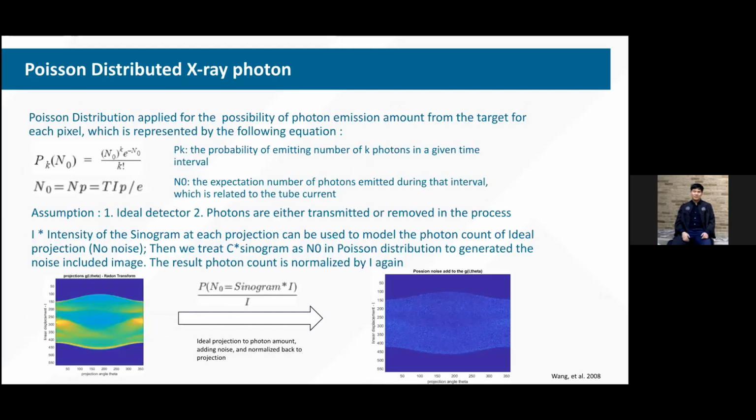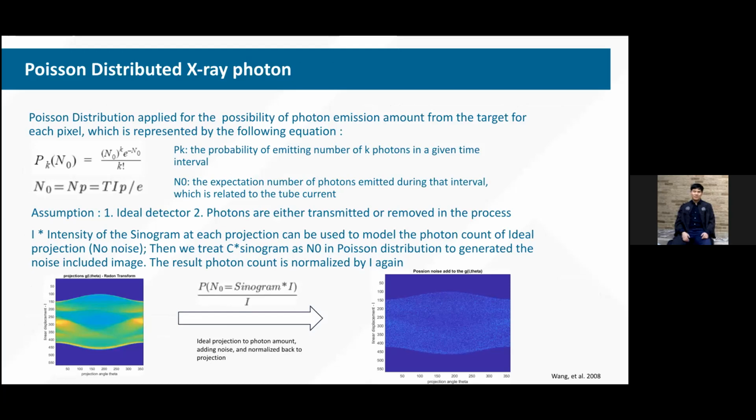And how we apply this mathematical model into our projection simulation is that we use the projection initially, the Radon transform of the object as projection, to take it as a possibility of the photon getting transferred to our detector. And then we multiply it with different tube current.